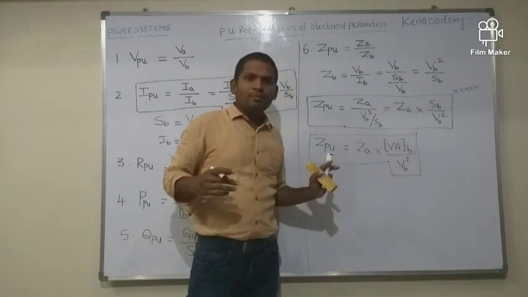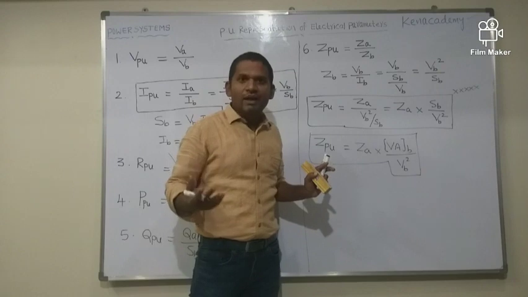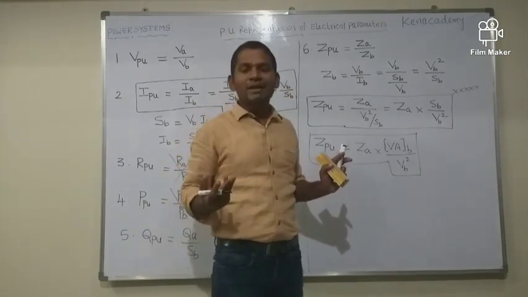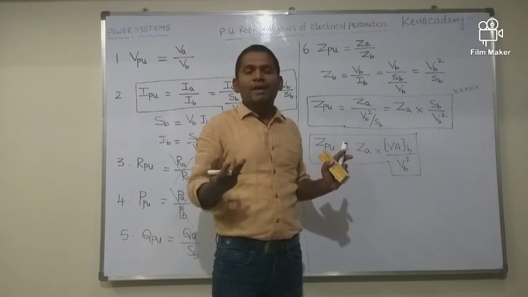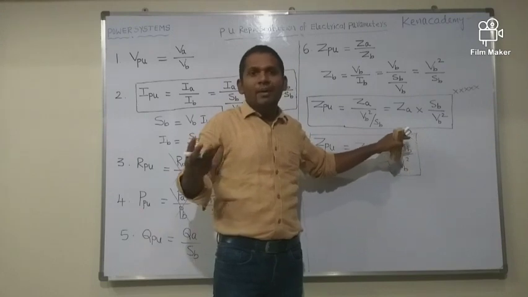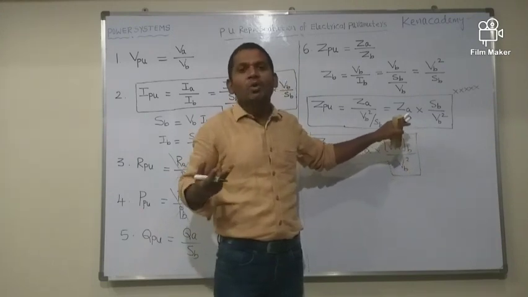The same formula for higher rating electrical machines. For higher rating you want to write. Higher rating electrical machines are represented in mega or kilo. For example, kVA rating, kilovolt ampere rating, MVA rating, megavolt ampere rating.